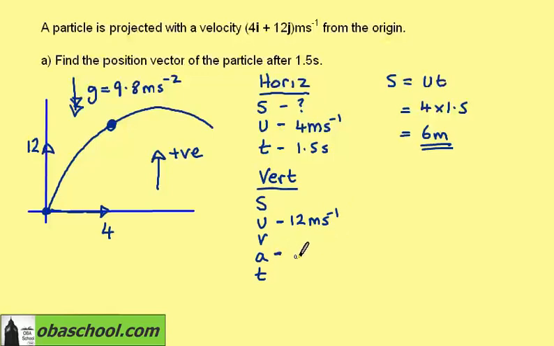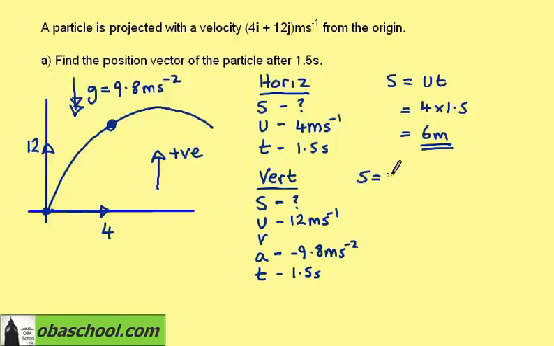The acceleration will be minus 9.8 meters per second squared, negative since it is downwards and we took positive to be upwards. The time is 1.5 seconds and we want s.